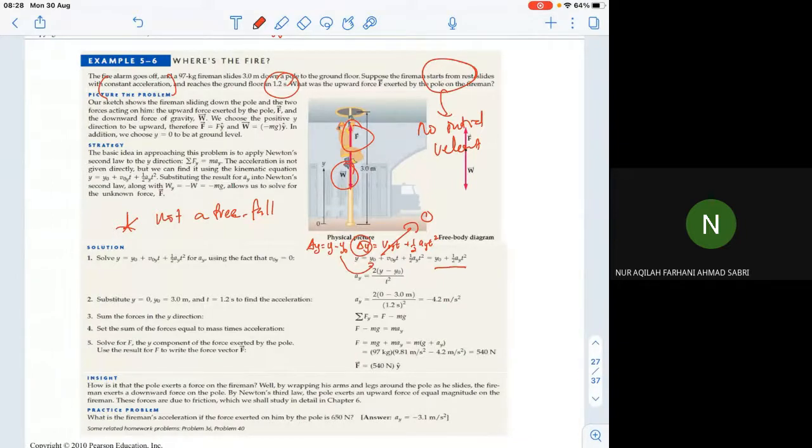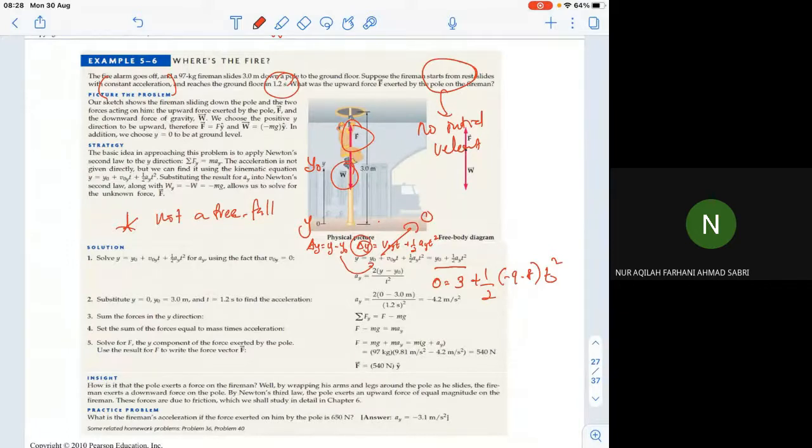So this is your y naught and this is your y. y is at 0 and y naught is at 3, so we can put y as 0 and y naught as 3 meters, plus half times negative 9.8 t squared.